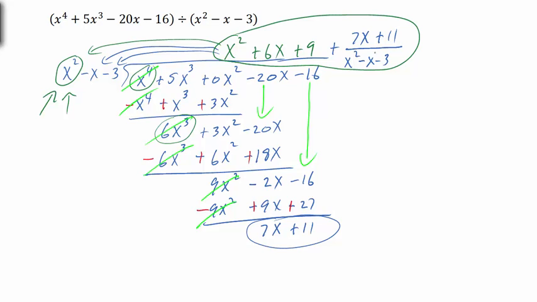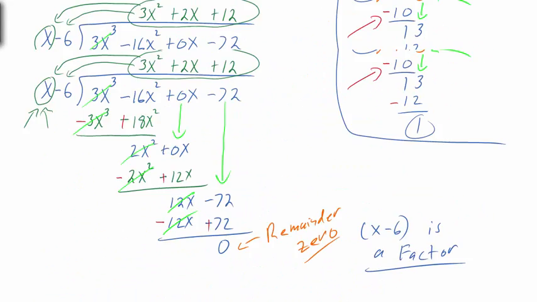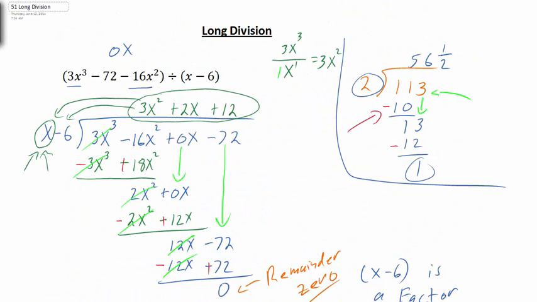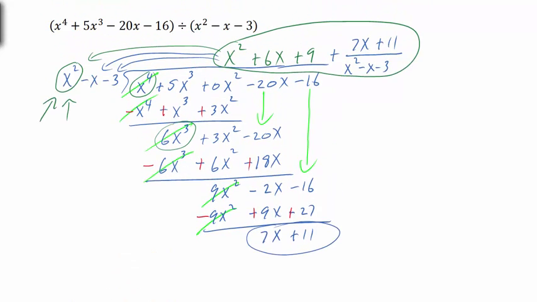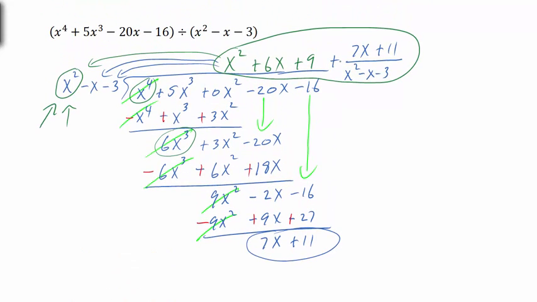We're just simply going to add on this remainder of 7x plus 11 over x squared minus x minus 3. And that's the same thing we did up here with our regular division problem when we ended up with 56 and 1/2. We simply took the remainder of 1 and divided that by our 2. So that's exactly the same process that we did with this example.